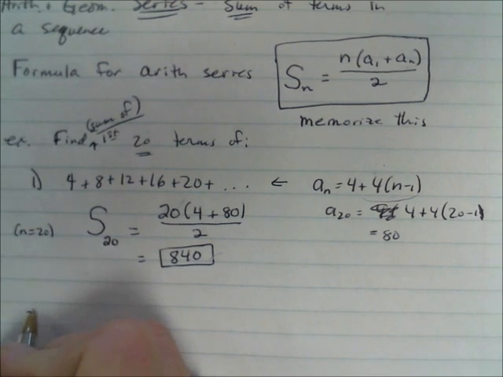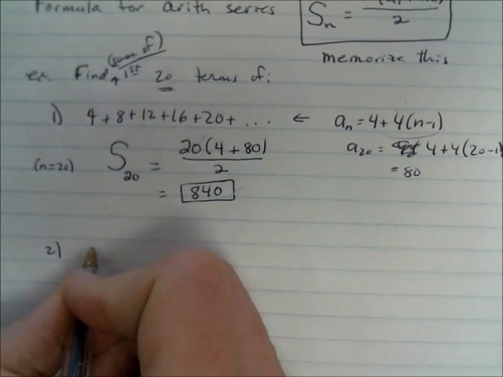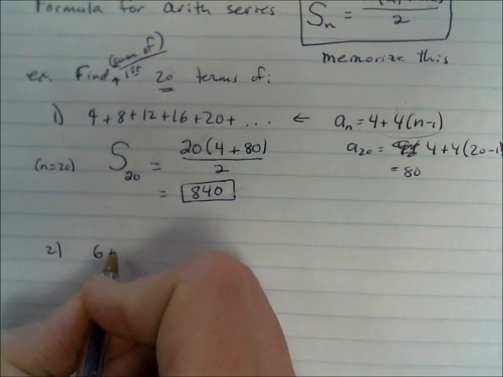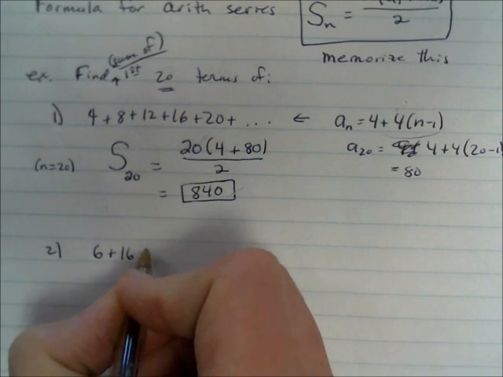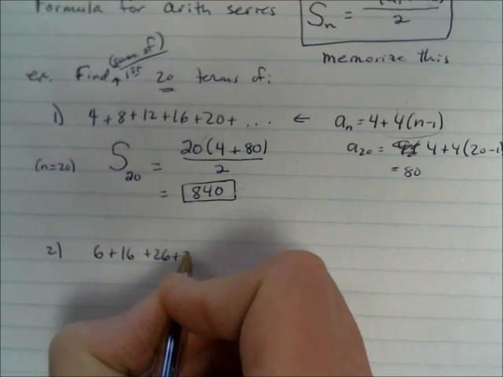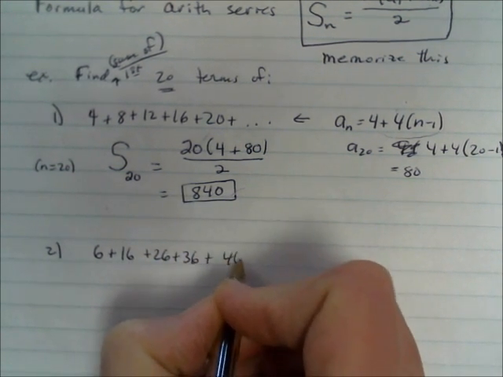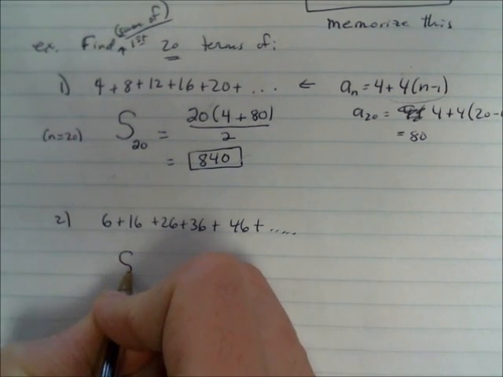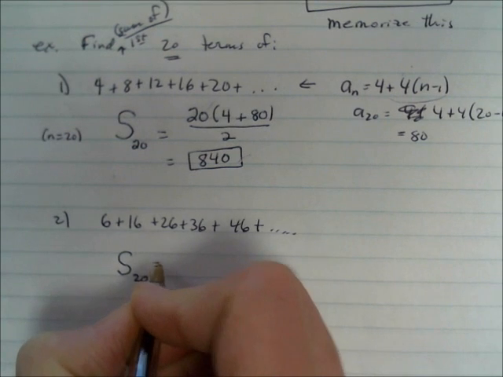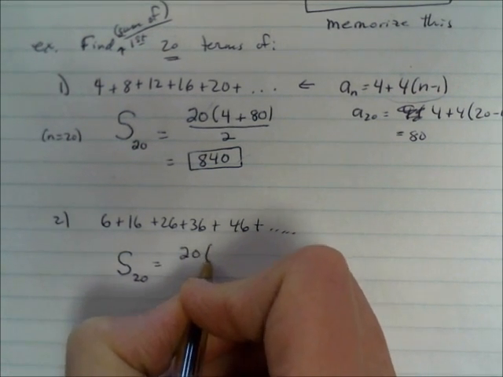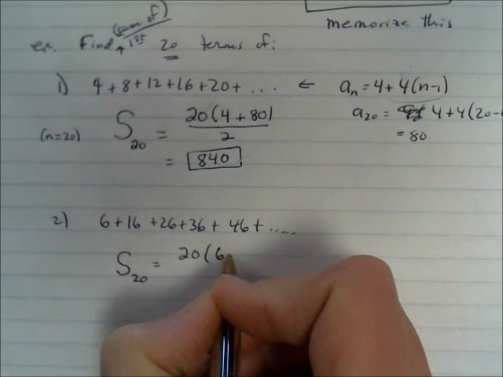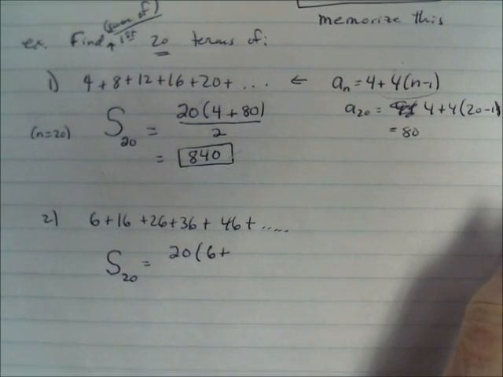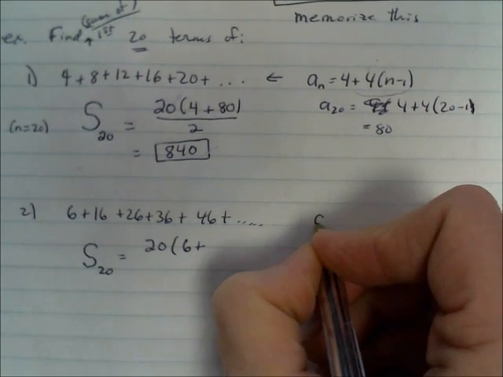Let's do a couple other examples. Let's say we're asked to find the sum of the first 20 terms of 6 plus 16 plus 26 plus 36 plus 46 plus and so on. All right, the sum of the first 20 terms is equal to 20 times the first term, 6, plus the 20th term. Oh, we have to find the 20th term.